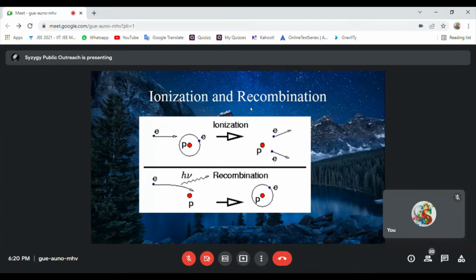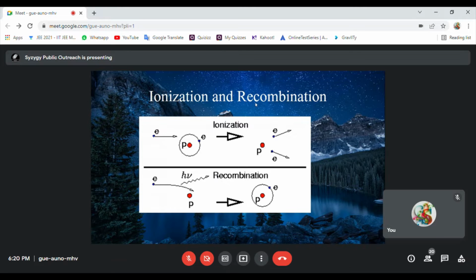And if we want to free that electron from the clutches of the nucleus, we would need to impart that negative amount of energy, that magnitude of energy, to bring it out of the atom. Then it will definitely leave the atom.